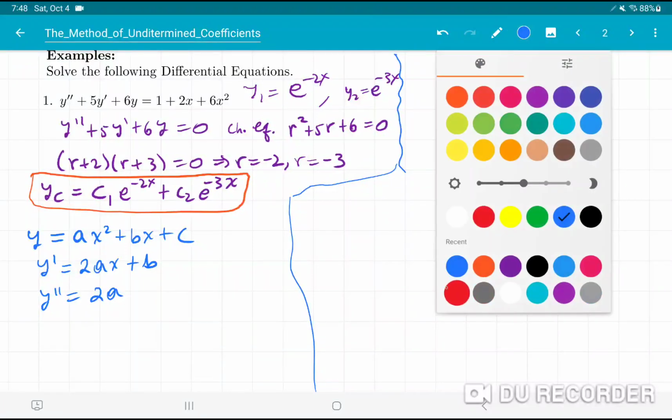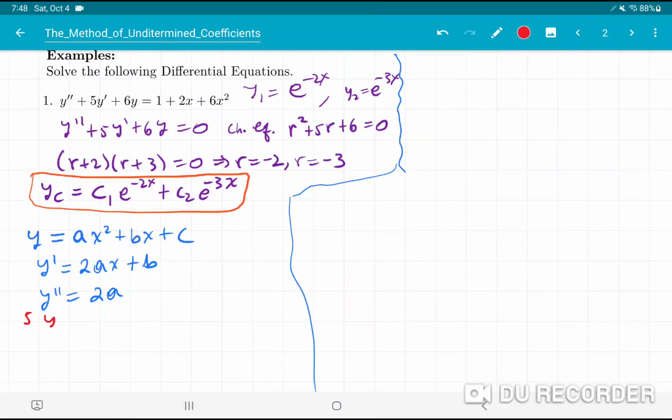Let's multiply y prime by 5. 5 times y prime gives us 10ax plus 5b. And let's multiply y by 6. 6y is 6 times this expression, so it gives us 6ax squared plus 6bx plus 6c. We will add these.